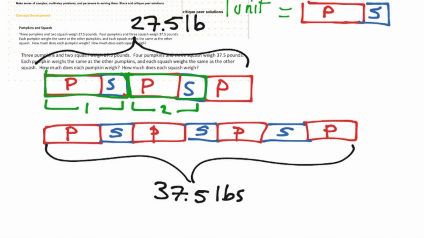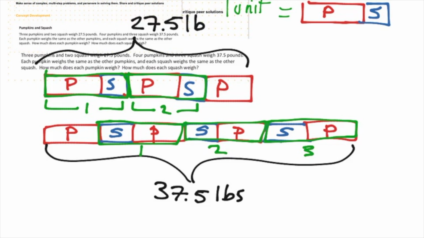Well, as I look at them, here's 1 unit, right? We said 1 unit was 1 pumpkin, 1 squash. So this is made up of 3 units here with an extra pumpkin, and that top one is made up of 2 units and an extra pumpkin. Well, if I look at this bottom part here, 1, 2, 3 are all going to be the same amount, and then an extra. So I could say, oh, look at this.